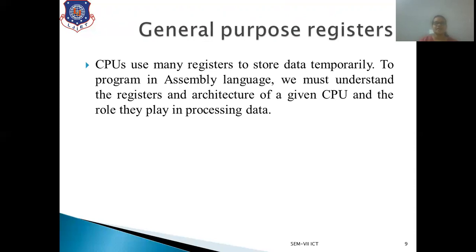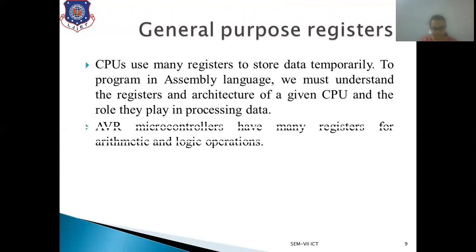As we have discussed general purpose registers in the architecture of 8085 processor, it was having six general purpose registers, B, C, D, E and HL, and they are used for storing data temporarily for ALU calculations. So similarly here also general purpose registers are used for data calculations in ALU.